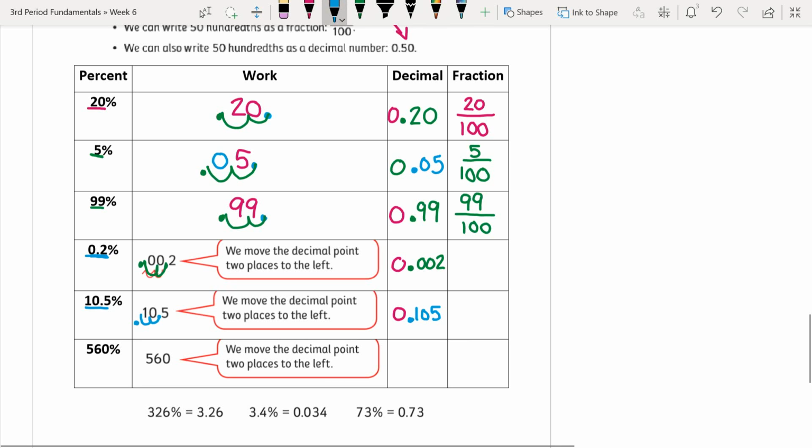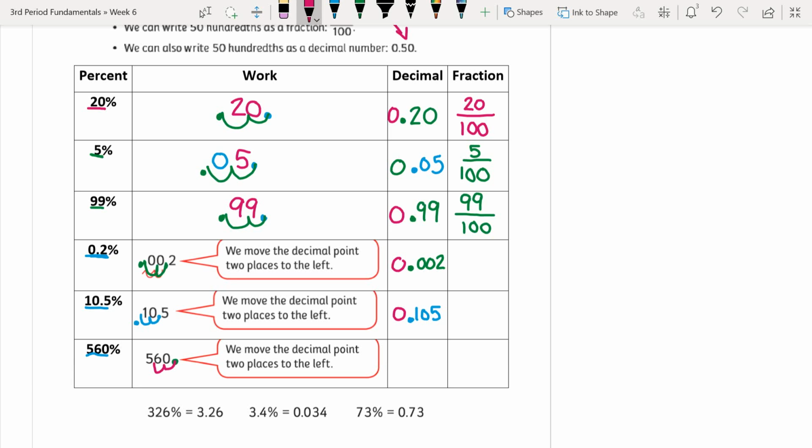Okay, last one before we move on to these fractions. We have 560%. So you should just take that number as is, write it out. This one doesn't have its decimal, so you needed to have drawn that in. Assume to start with it's at the very end of your number. Then move your decimal 2 spots to the left.